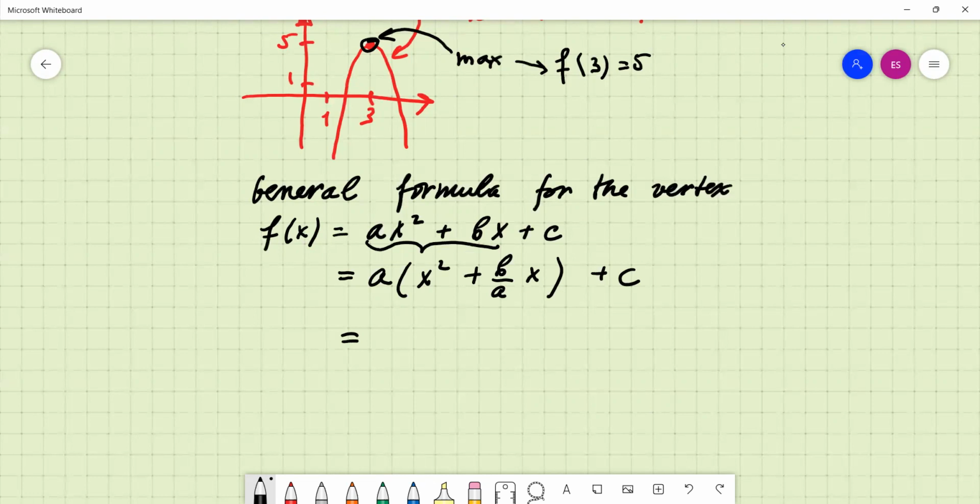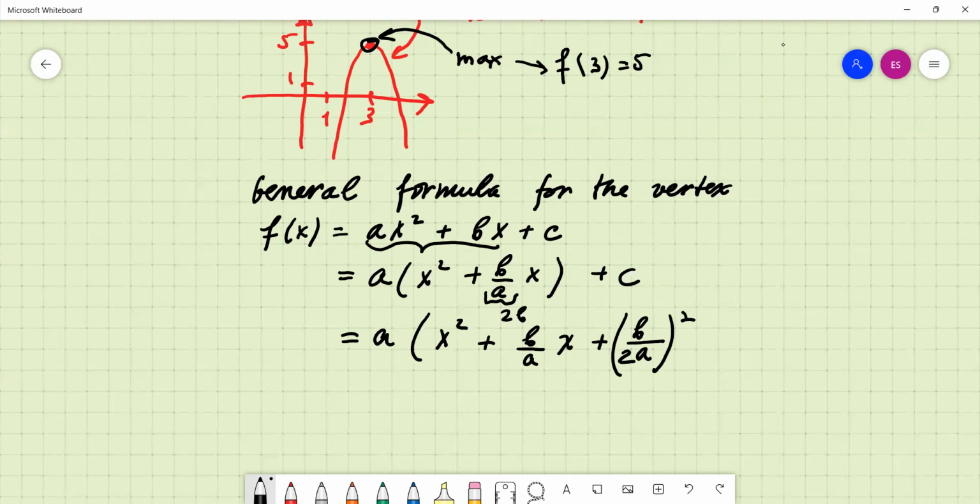On my next step, I'm going to complete the square here. We already know that this coefficient is the 2b for completing the square. So if we divide it by 2, we are going to know the third term. And that's what I'm going to have, b over a times x plus, b over a divided by 2, squared. That's a term which is missing for completing the square.